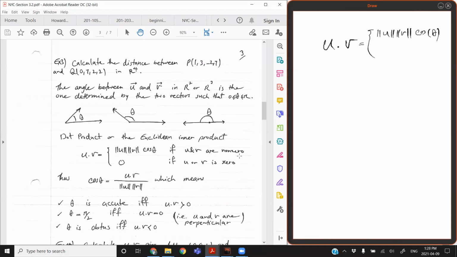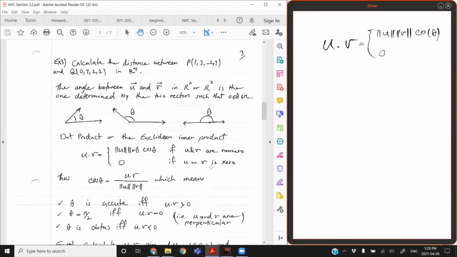If at least one of these two vectors is 0, then you cannot find theta, because a 0 vector does not have any direction. So in that case, we define the dot product to be 0. So the dot product would be 0 if any of these two or both is 0.